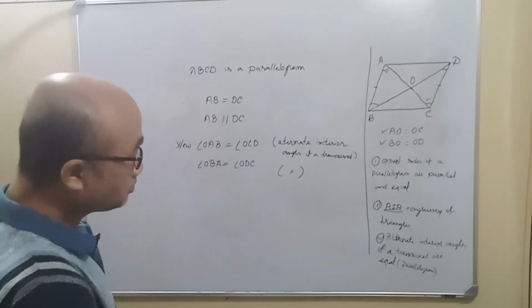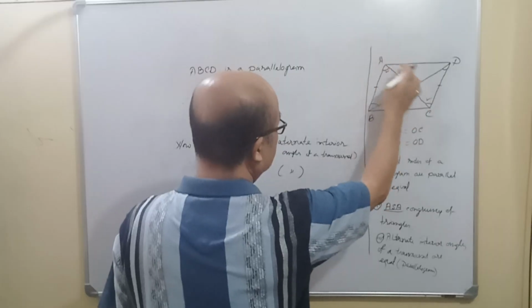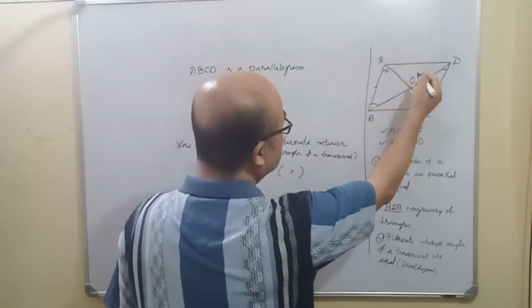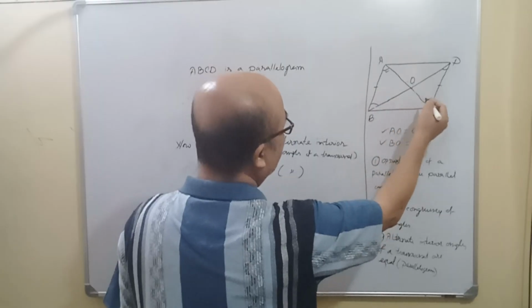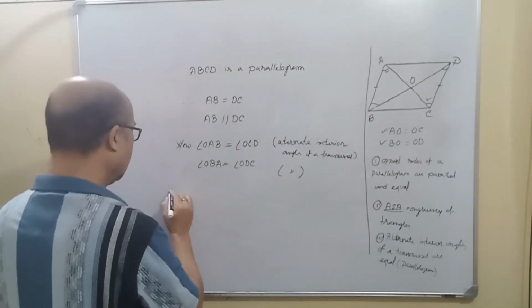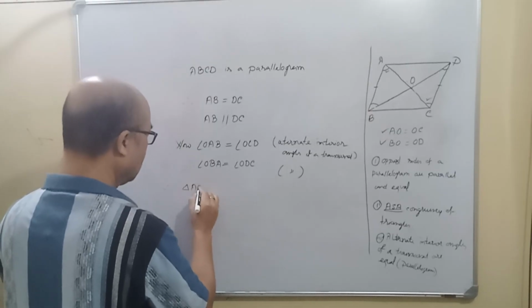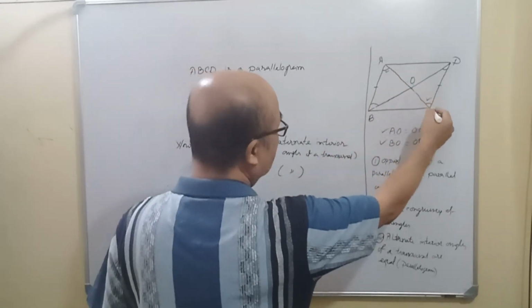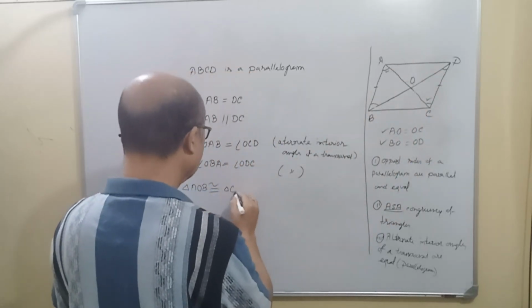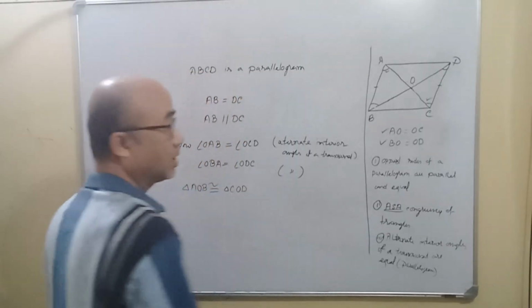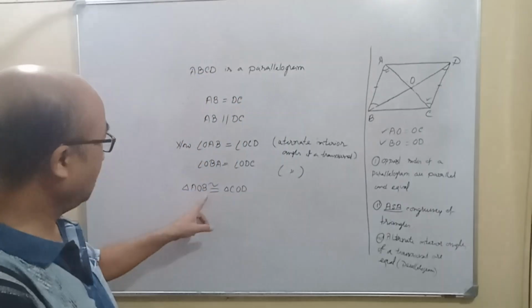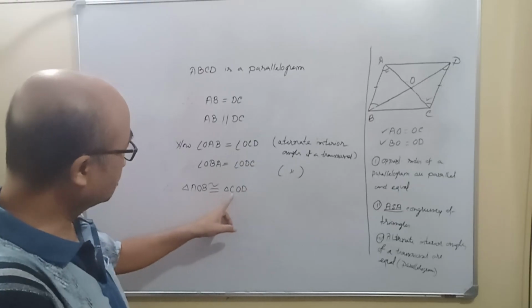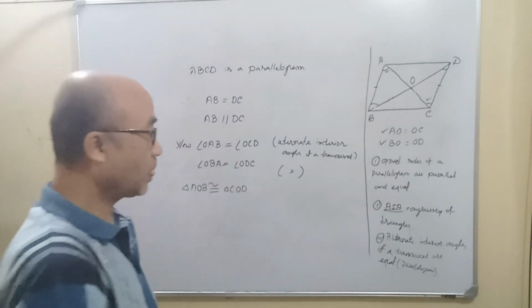So in these two triangles, AOB and COD, hence triangle AOB is congruent to triangle COD. By which property?